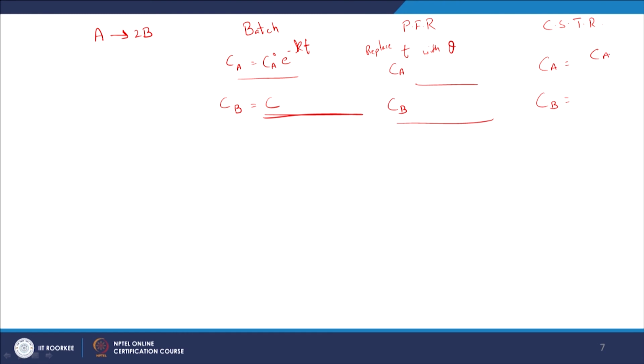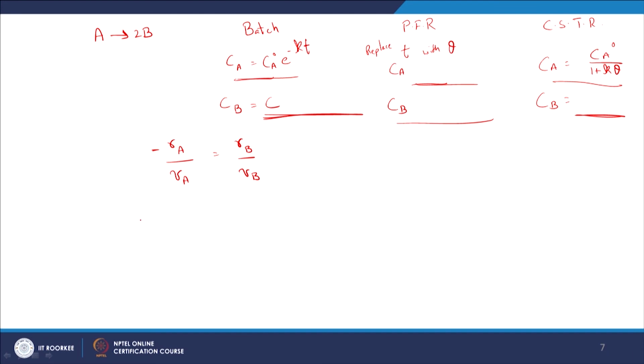Ca is equal to Ca naught by 1 plus k theta, and again we end up with the relevant equation here. So how did we end up with Cb though? Ca from the mass balance. Cb, how did we get that? That's from your stoichiometry. Rate of A by the stoichiometric coefficient of A is equal to Rb by the stoichiometric coefficient of B, and because A is being lost, we have that as a negative.